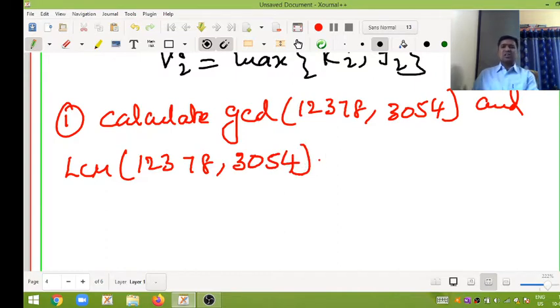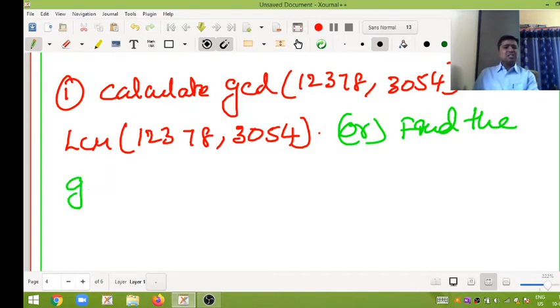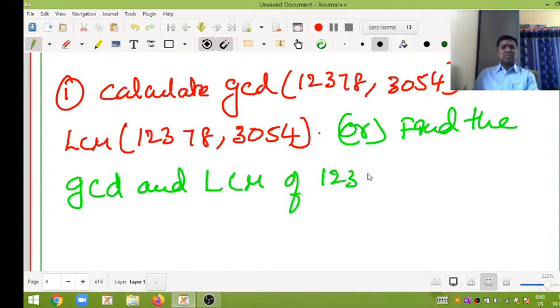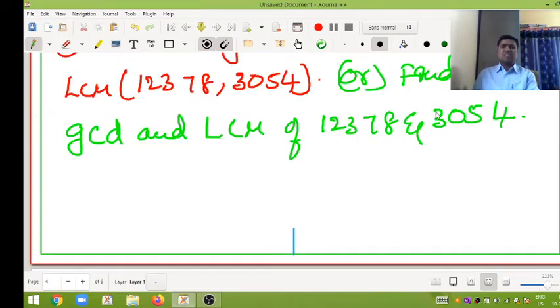This is a question. Or else one more way they will ask this same question: find the GCD and LCM of 12378 and 3054 numbers. Okay, these numbers.